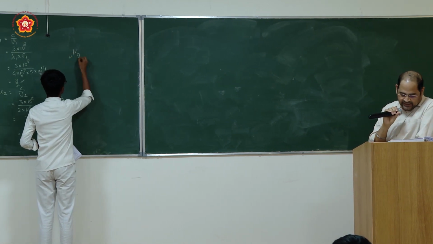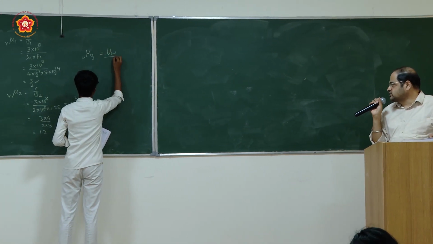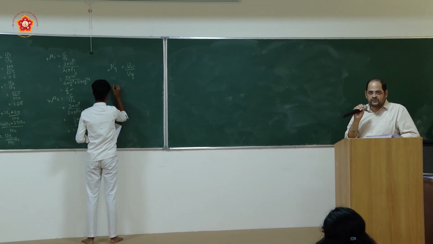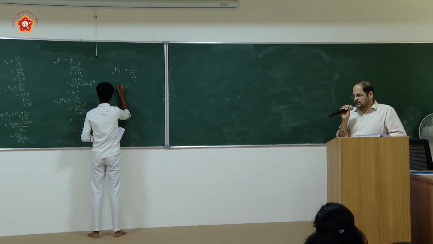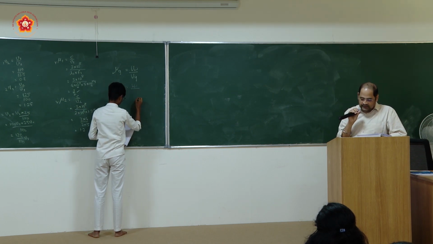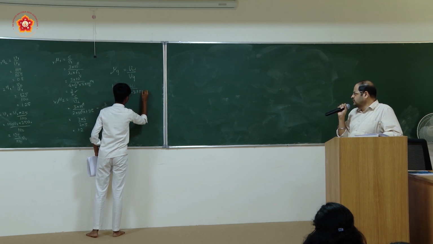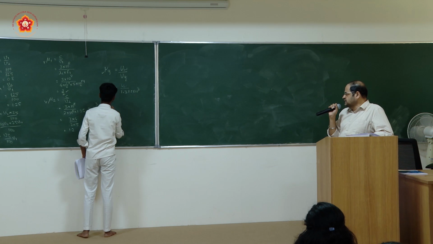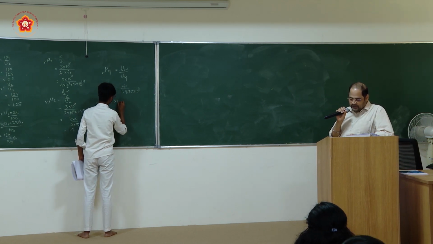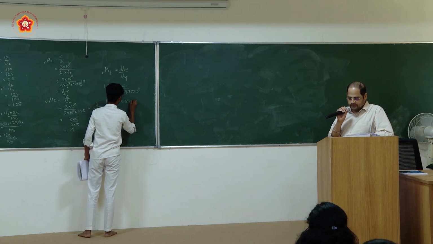He is mentioning there the refractive index of glass with respect to the water. We define it as velocity in water upon velocity in glass. Now in the problem, refractive index of glass with respect to water is given to you as 1.2. So that is equal to velocity in water upon 1.875 into 10 to the power 8 meter per second. That is the velocity of light in the glass.